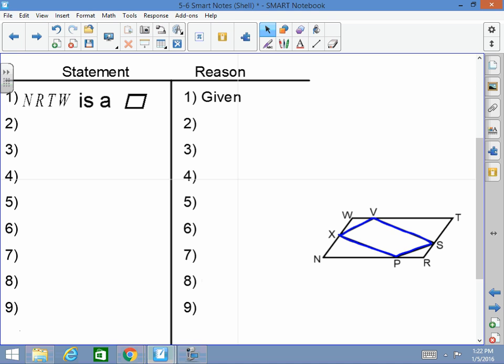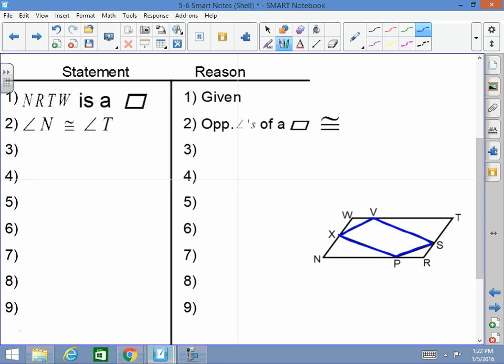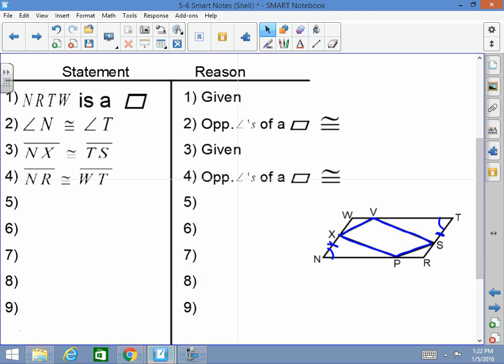Once we know that's given, we know that angle N is congruent to angle T. Now here I got a little fancy. You could have simply put definition of parallelogram. I will accept that. I'm not going to go opposite of my word right now. NX is congruent to TS. That's a given. So this guy is congruent to this guy. NR is congruent to WT.